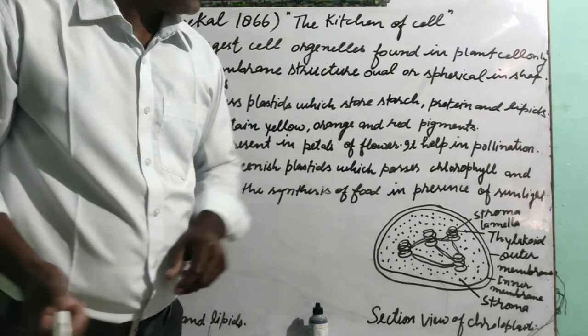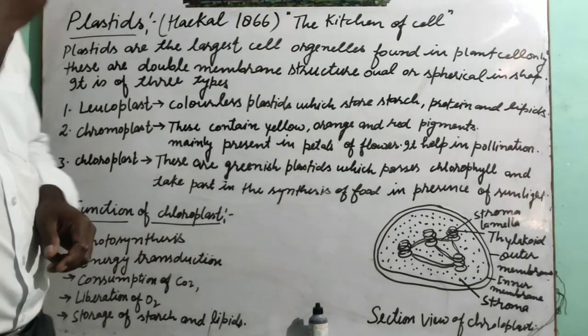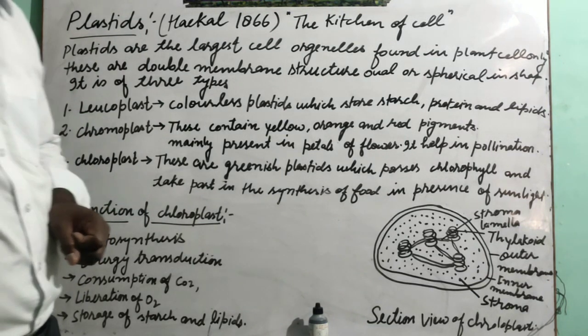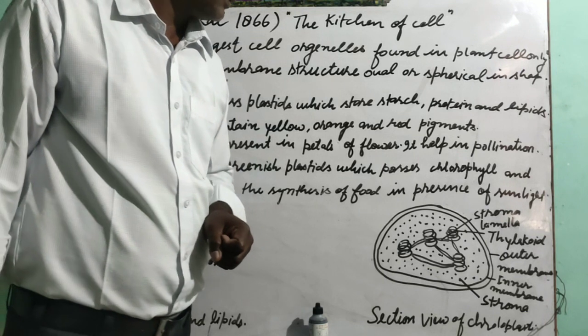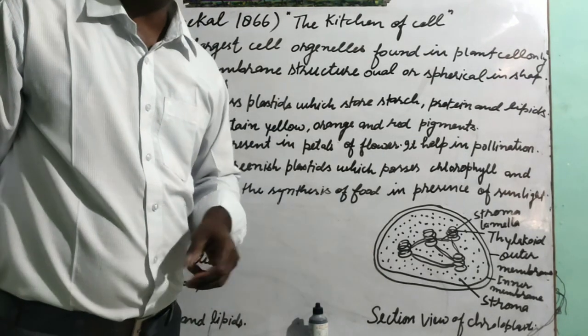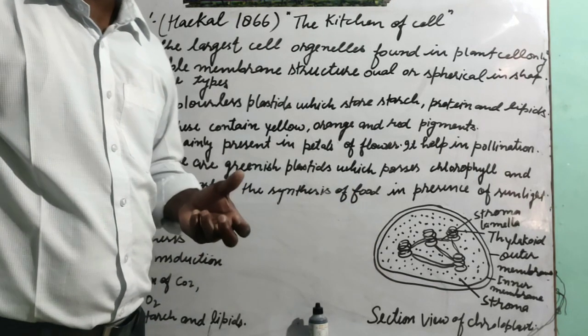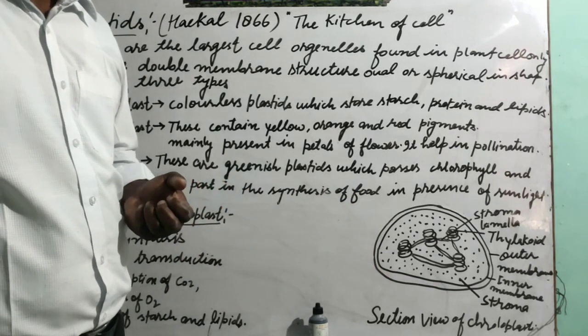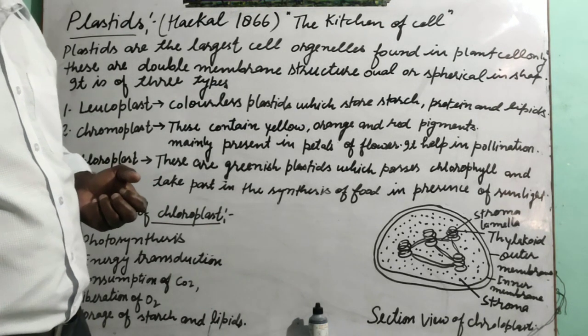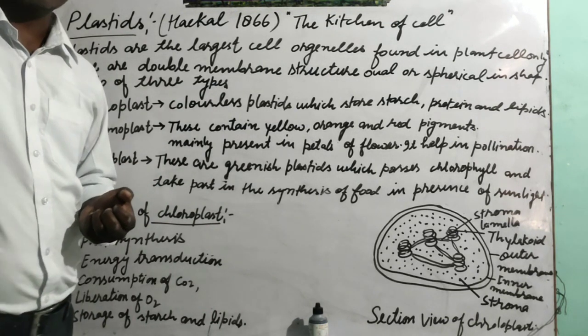This is a very important type of plastid which helps in photosynthesis. During photosynthesis, plants prepare their own food in the presence of sunlight with the help of chlorophylls. Now, a question arises: what is the function of chloroplast?